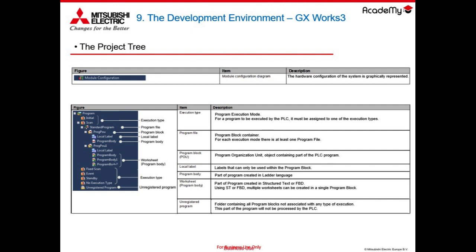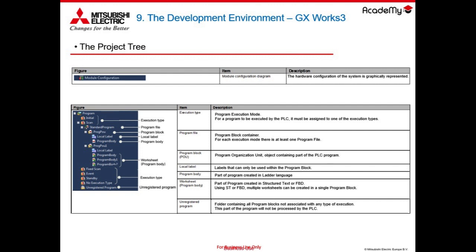The project tree is composed of different items. The first one, module configuration. Here, the configuration of the system is graphically represented. We will configure here the hardware configuration in our project.